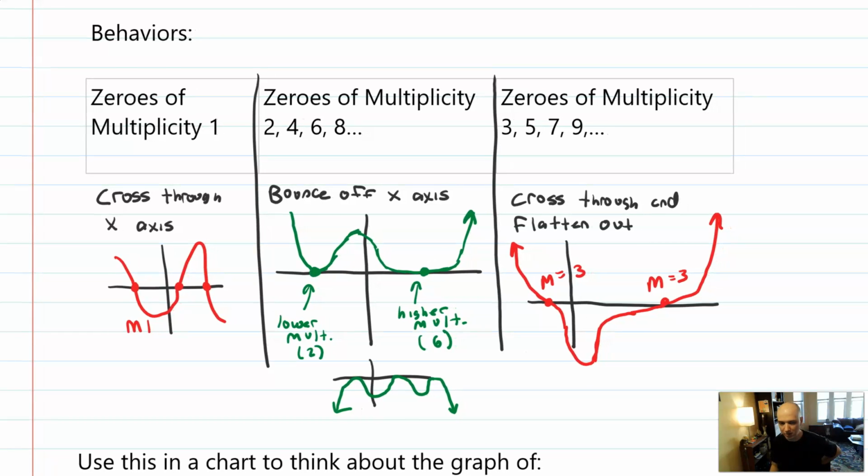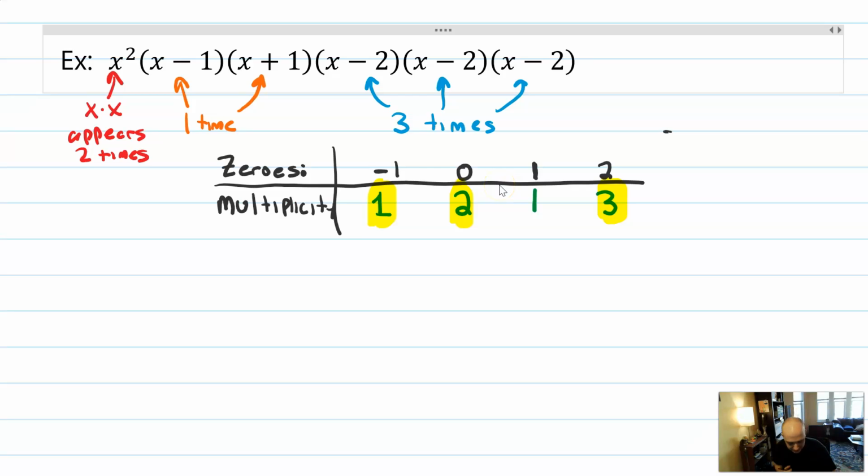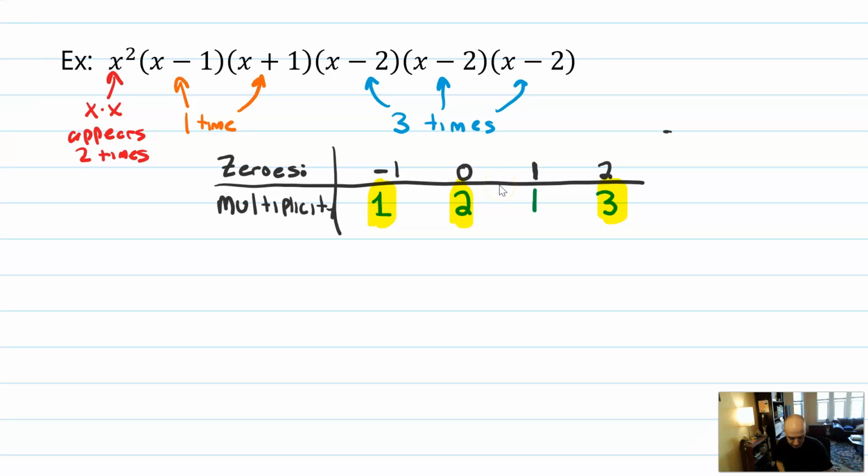Now that you know about multiplicity, we can actually start to graph some things. So here we go. This is the example from a little bit ago. We looked at the 4 zeros of this polynomial, and we looked at their multiplicities. Underneath the multiplicity, I'm going to write its behavior, just as a note to myself.